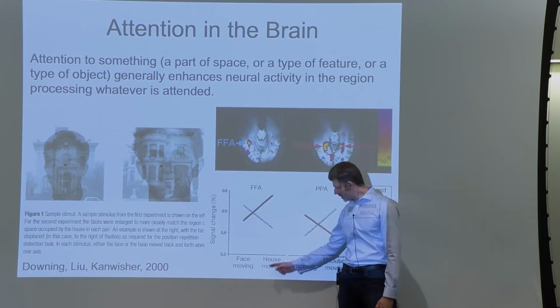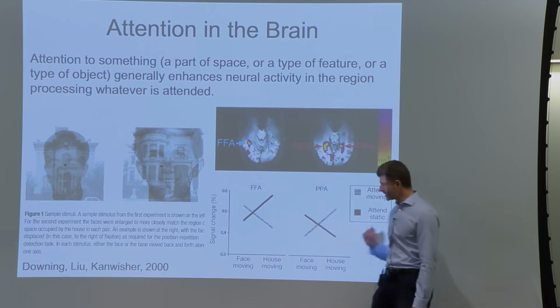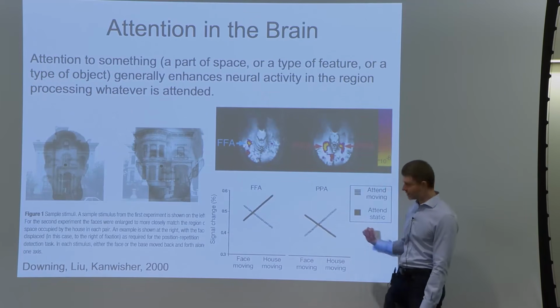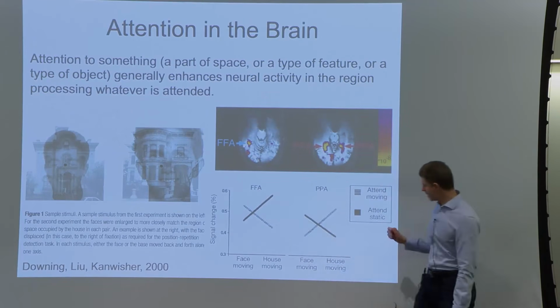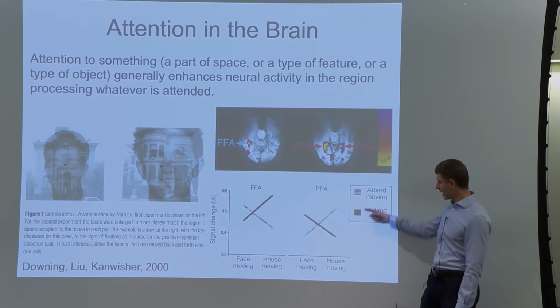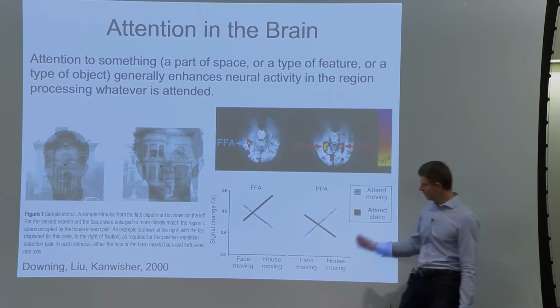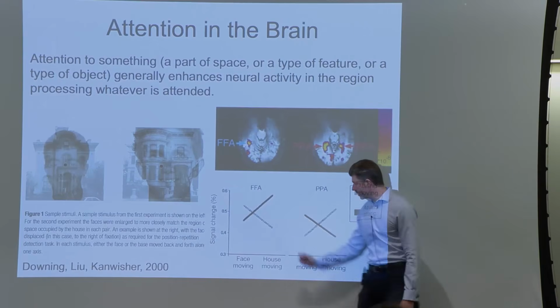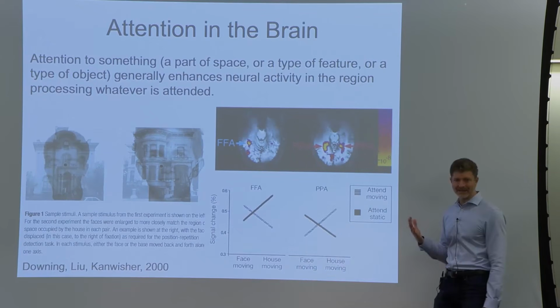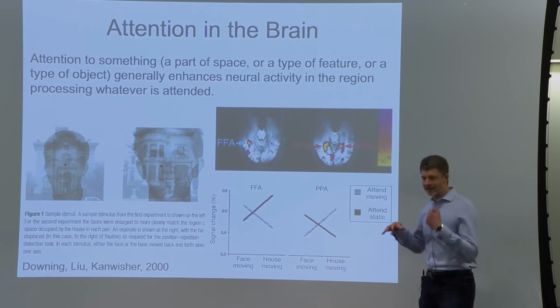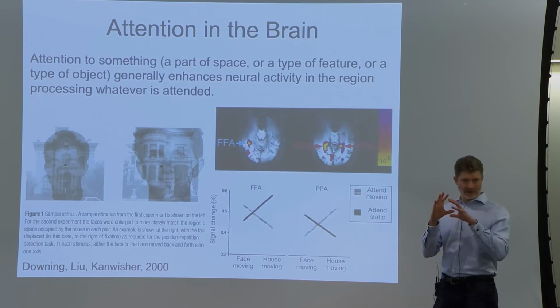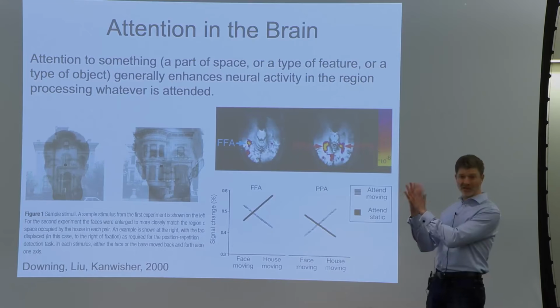By comparison, when the house is moving and the face is static, you get the opposite effect. There, in the fusiform face area, the response is higher when you're attending to the static, because that's the face. And the response is lower when you're attending to the moving one, because that's the house. So the idea is that attention is directed to either the face or the house, even though they're spatially superimposed.